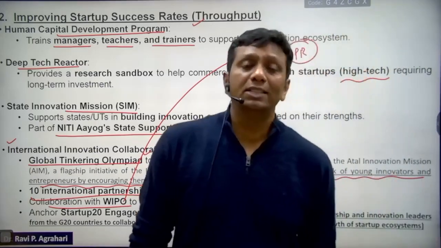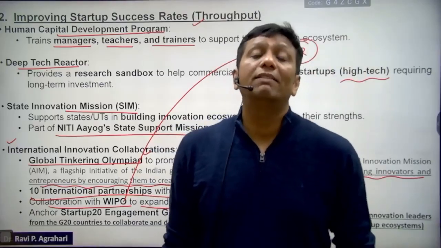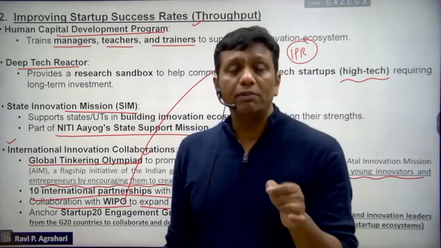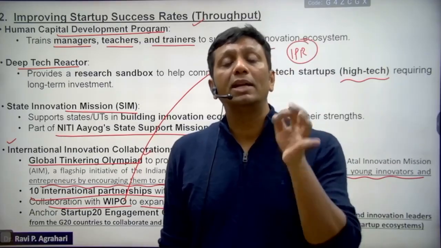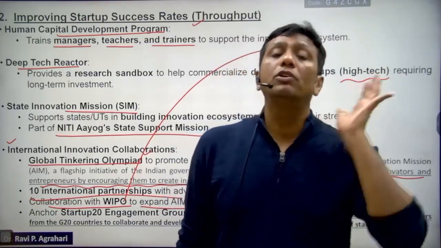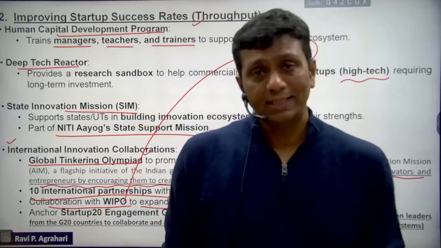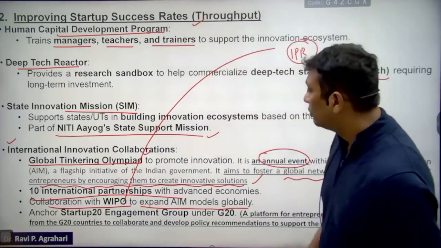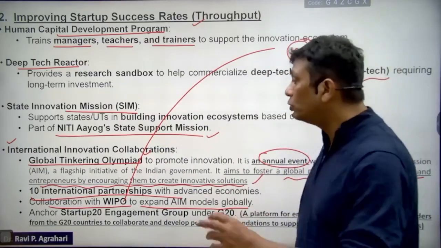WIPO joined the United Nations in 1974. The purpose of WIPO, guys, is that if any incidents or problems regarding intellectual property rights happen worldwide, WIPO tries to resolve them. Earlier WIPO was BIRPI. I think somebody who listened to my study classes knows very well. So WIPO is also expanding our AIM models globally. So WIPO support is also there.